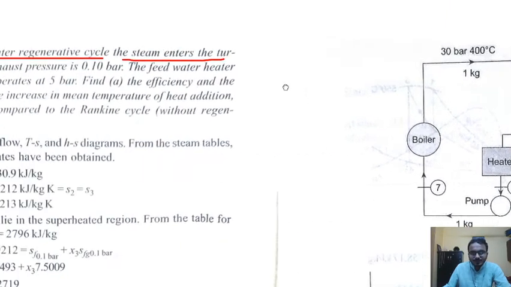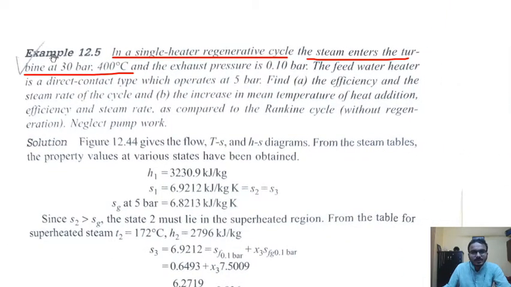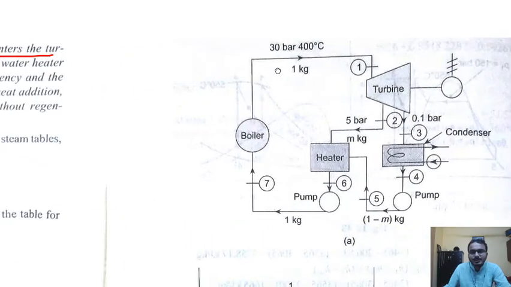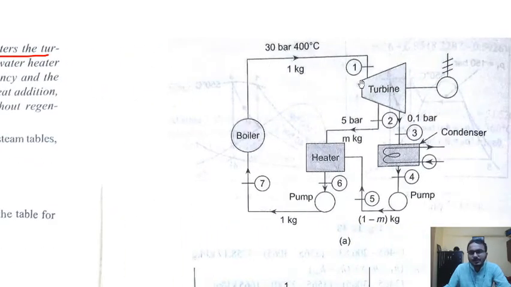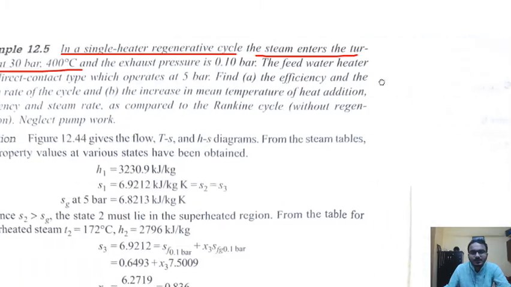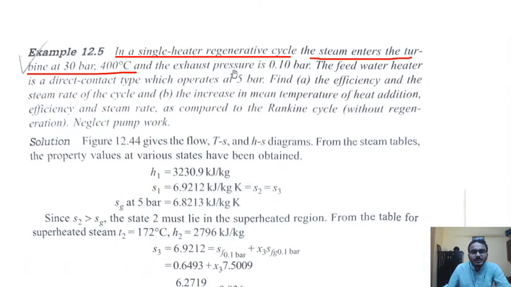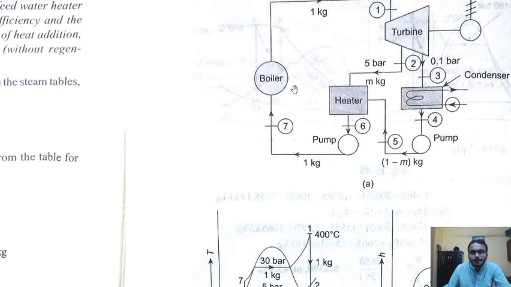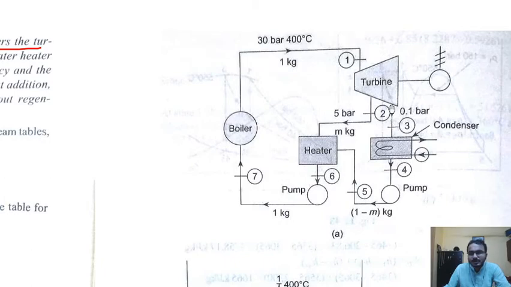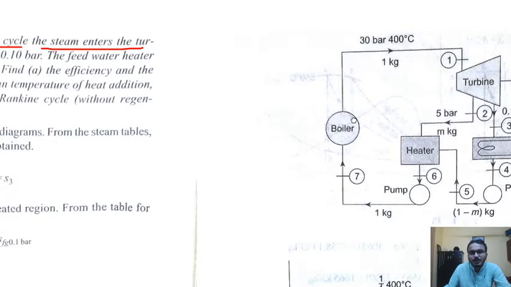So here, if you see, the steam enters the turbine at 30 bar and 400 degrees Celsius, that is visible over here. That is the entry to the turbine of 1 kg of steam. And the exhaust pressure is 10 bar. That is, the exhaust pressure at the exit of the turbine is 0.1 bar.